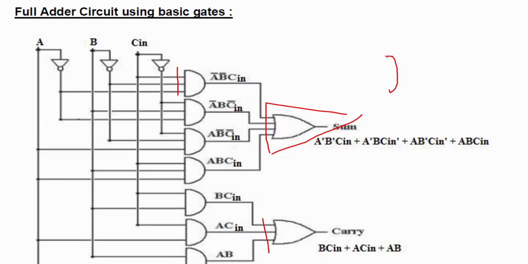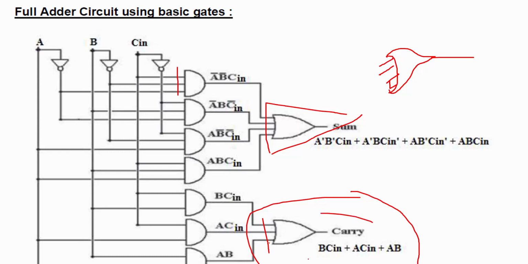We can use that 4 input OR gate and connect these 3 inputs as they are, BC, AC and AB outputs, and short any one of these and connect it as the 4th input. Then it will generate the exact result as that of this 3 input OR gate. That means we can use the same 4 input OR gate to generate the carry out part.